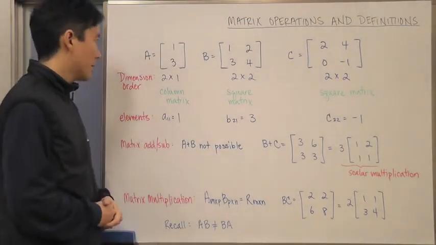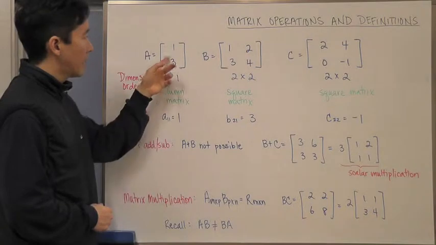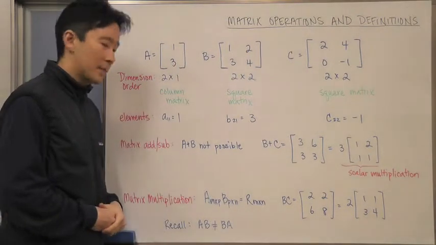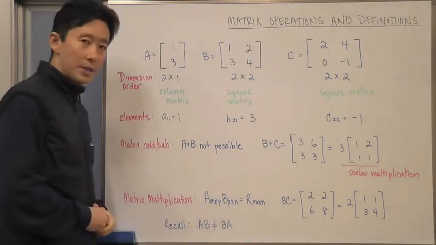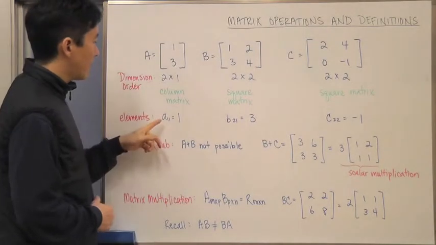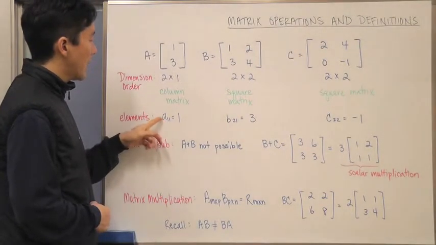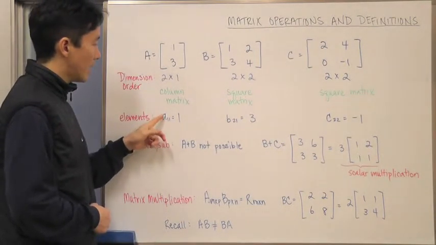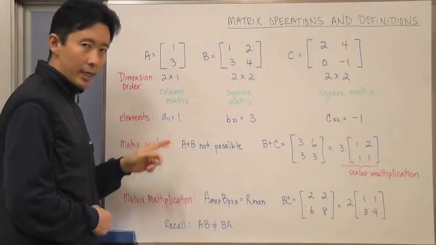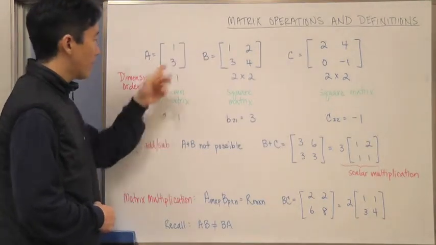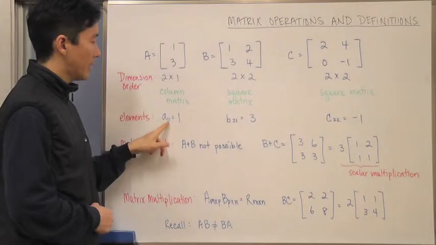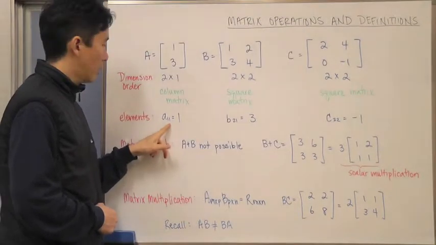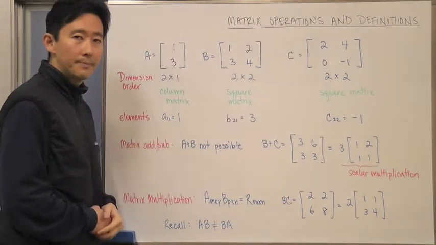Now we can also talk about the actual values that are within the matrix itself. We call all of those things elements. So if I talk about the element in matrix A sub 1, 1, then we're talking about the value of 1, because that's the element in the first row, first column.